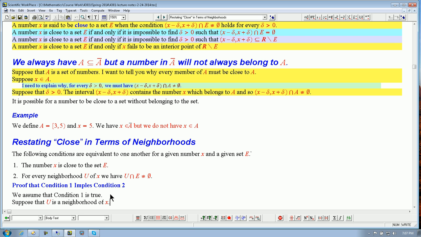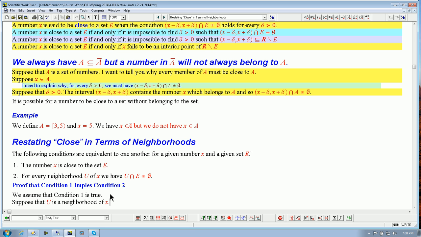An inability to answer me has nothing to do with how good you are at math, or how hard the course is, or I'm good or I'm bad, or you're good or you're bad. It's all irrelevant. It's only a matter of whether you decided to learn the definition. The statement that U is a neighborhood of X says what? There exists, blah, blah, blah, right? When something exists, what do you say? Choose.